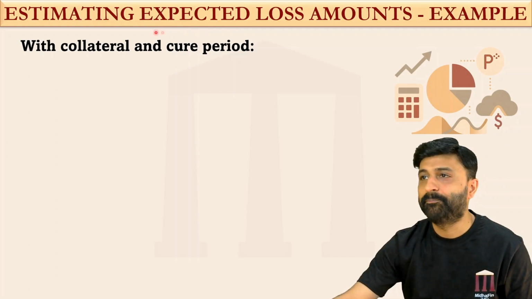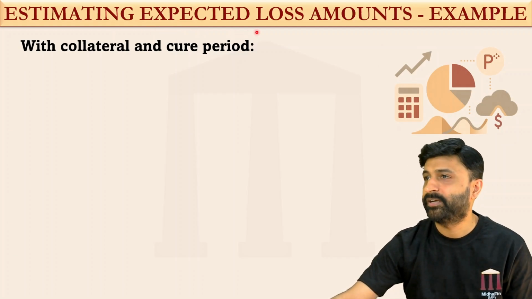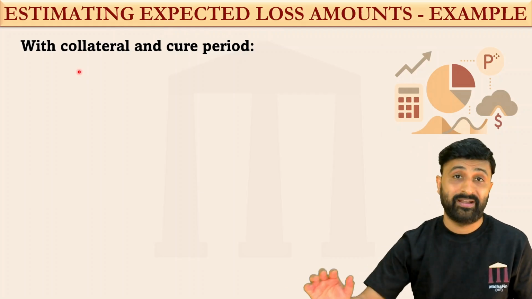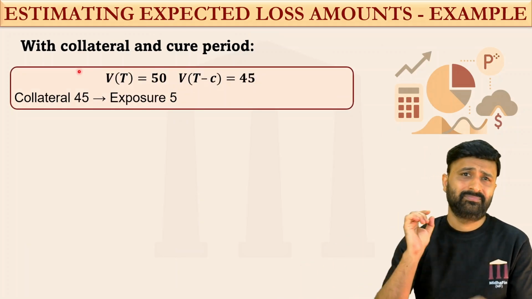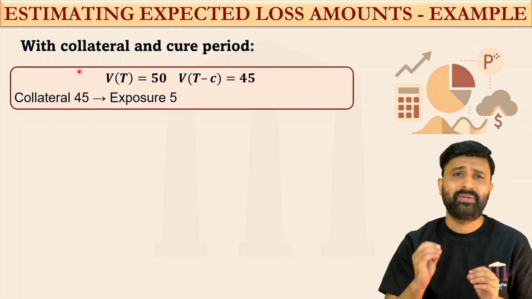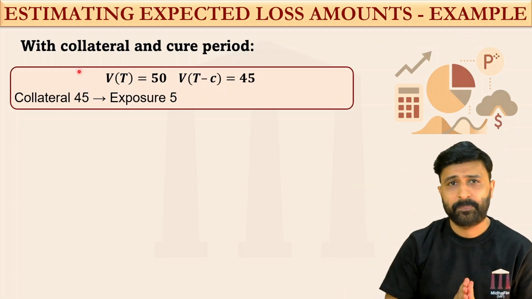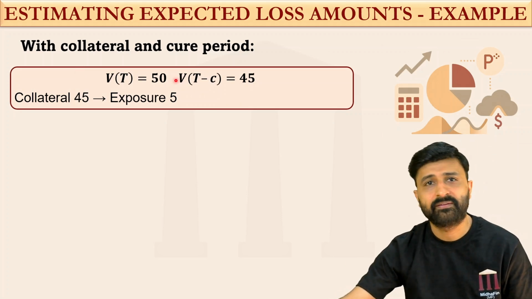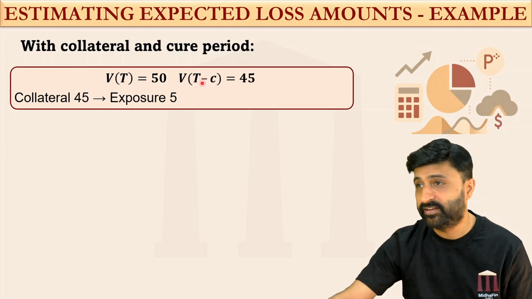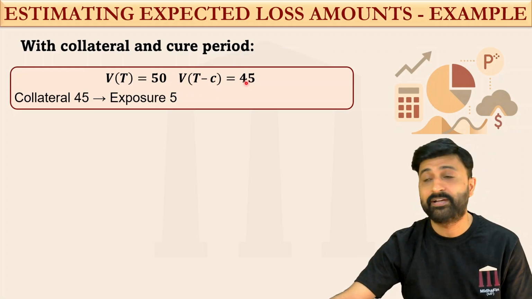Let's take an example of estimating expected loss amounts with collateral. This is the first case. Basically, we are taking the first simulation trial. At time t, the value of the derivatives to the bank is 50, and C is 20 days earlier, it was 45.